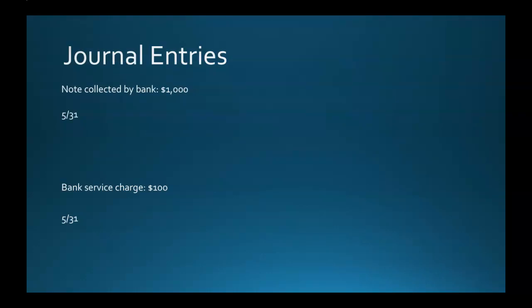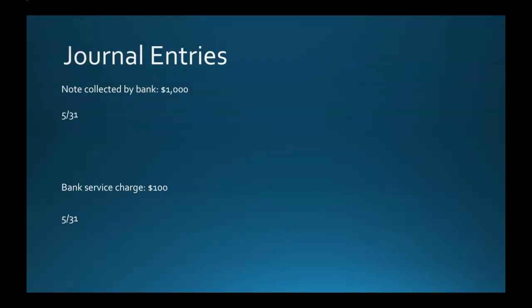So when you do a bank reconciliation, we had those changes to our books that we had to record. Well, we also need to record them in journal entry form. So the two changes on the per book side were the note collected by the bank and the bank service charge. Let's work on the journal entry for the note first.